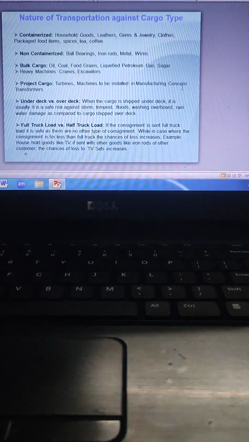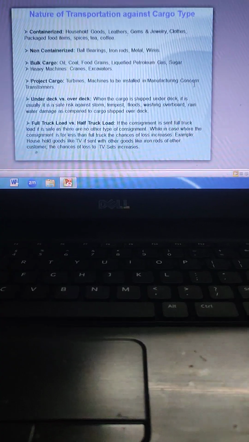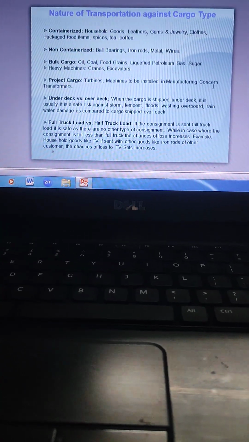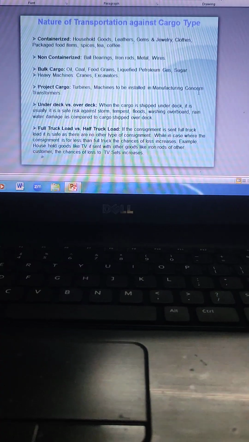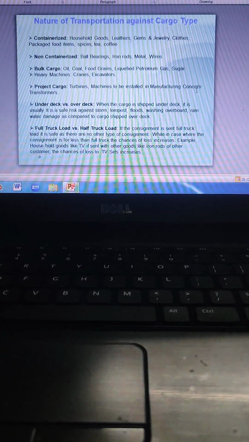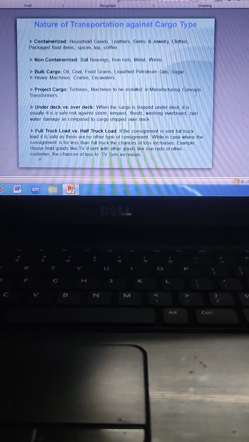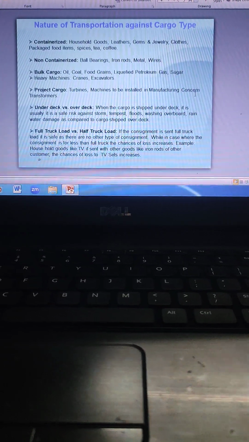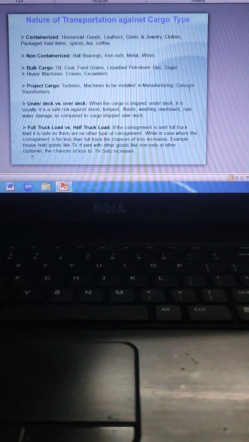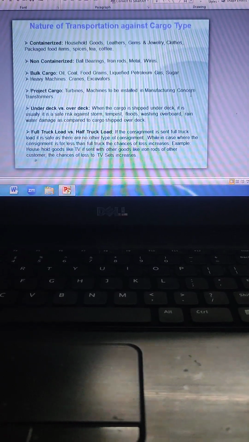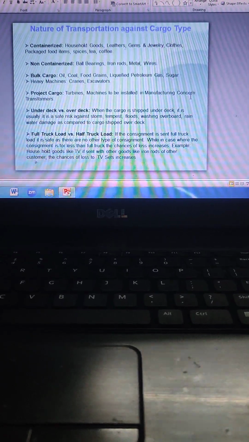Nature of transportation against cargo type: there are various methods of packing. Say containerized household goods, leather, gem and jewelry, clothes, packaged food items, spices, tea, coffee, etc. Non-containerized: ball bearing, iron rods, metal wires.